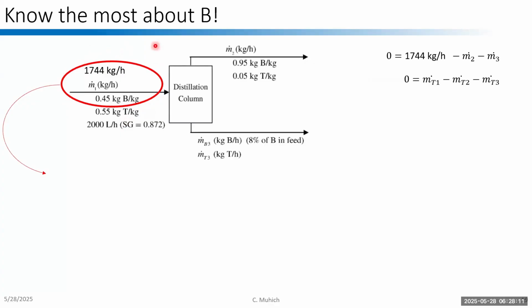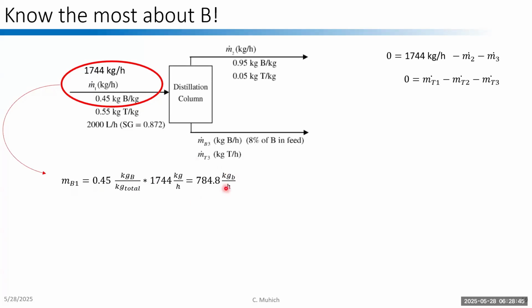Okay, so let's look at what's happening over at the inlet side. I'm going to try to get as much information out of here as possible. So we know that for every kilogram entering, 0.45 kilograms are B. So the mass flow rate of B1 is 0.45 kilograms of B per total times 1,744 kilograms per hour.